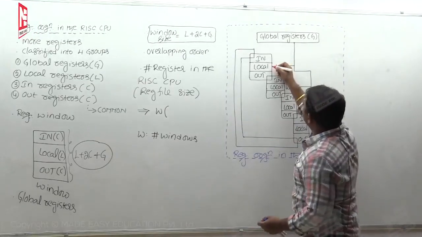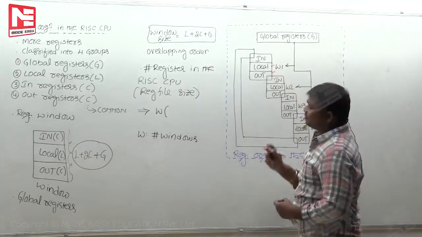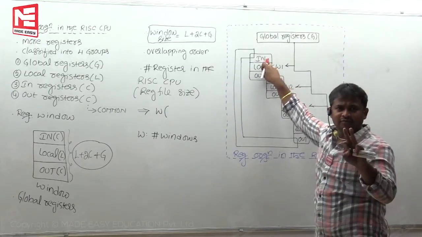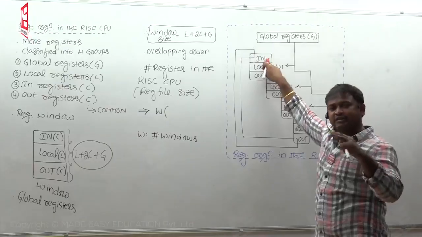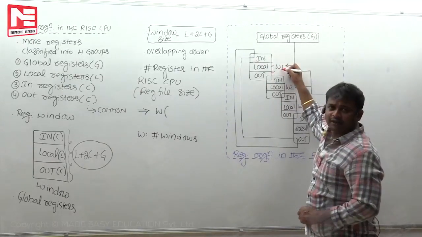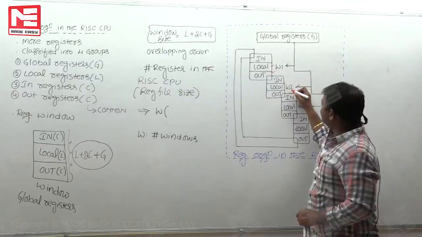Let us count the local registers and out registers of W1. In registers are not counted for a while. We will see it later. So count local and out registers of window 1. Counted. Okay, now come to window 2.